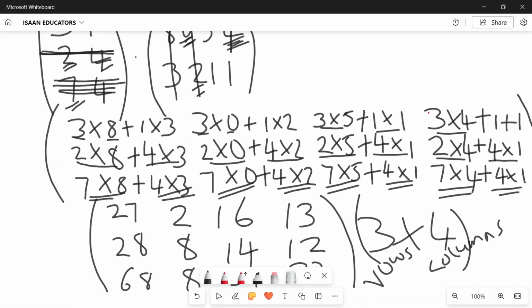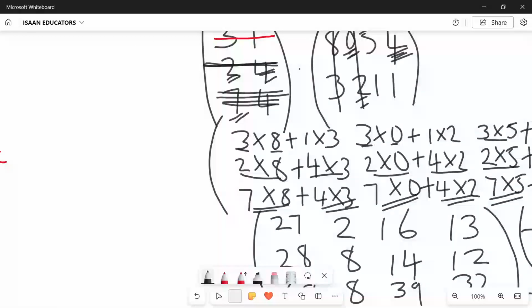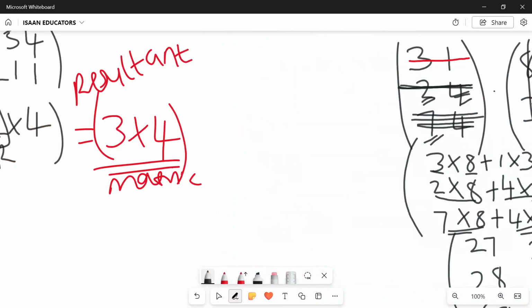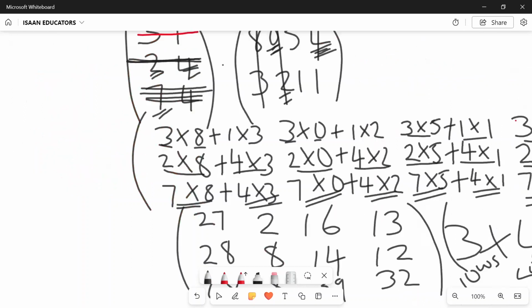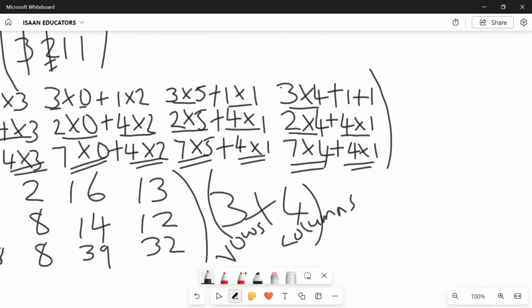This is what we said earlier before we started multiplying. We said that our resultant matrix should be a 3 by 4 matrix. So we have proven that it is true. Since our answer here is a 3 by 4 matrix, meaning that this matrix has 3 rows and 4 columns.